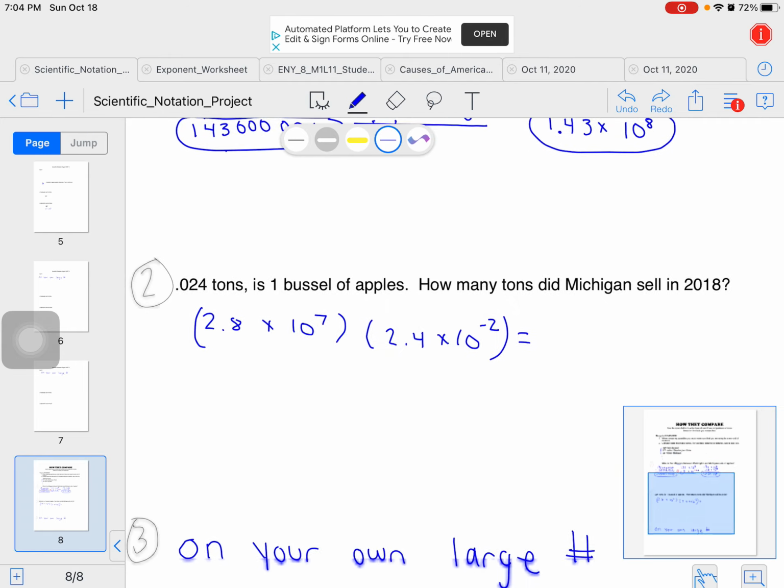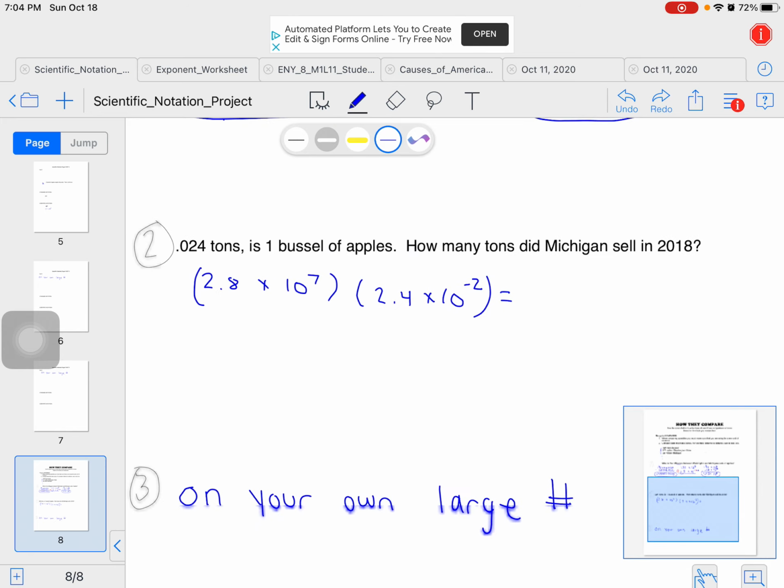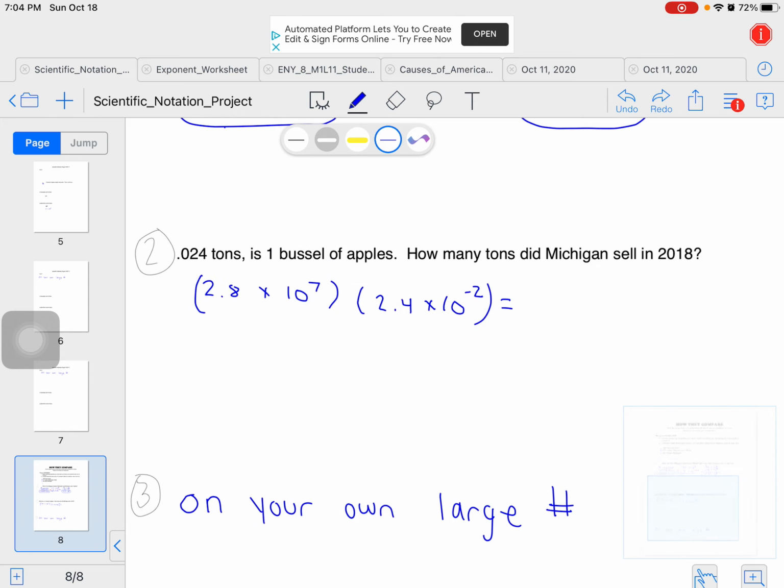All right. For my second comparison, I took my other fact of how much a bushel of apples weighs at 0.024 tons, and I'm trying to calculate how many tons is Michigan's purchases for 2018. Whoops, I did not write that correctly.